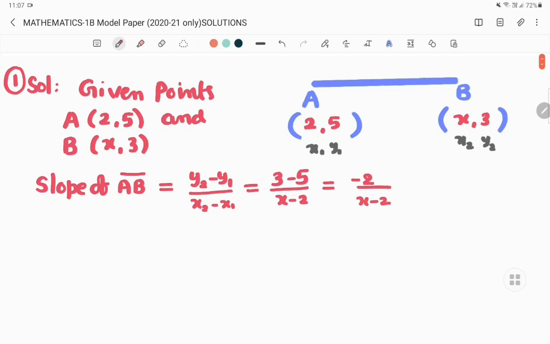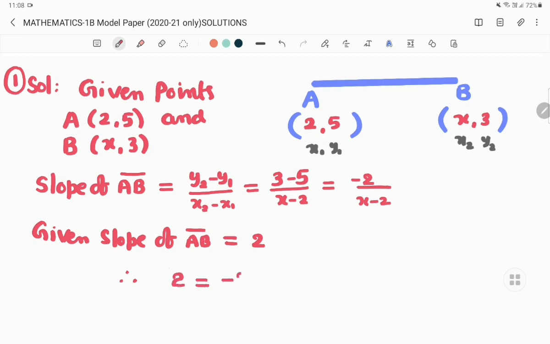Given slope of AB is equal to 2. Therefore, 2 is equal to minus 2 by x minus 2.